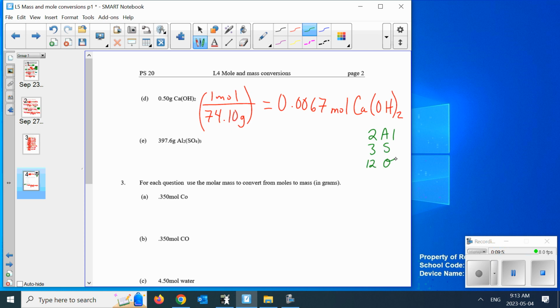So in my calculator, I just do it as we speak, I put 2 times aluminum, 26.98, check in a second. I get distracted. 3 times 32.0 plus 12 times 16.